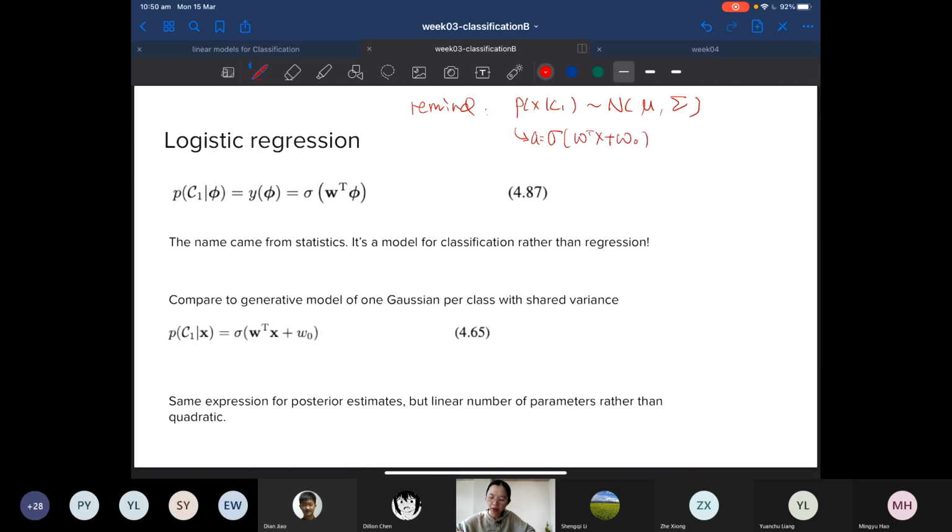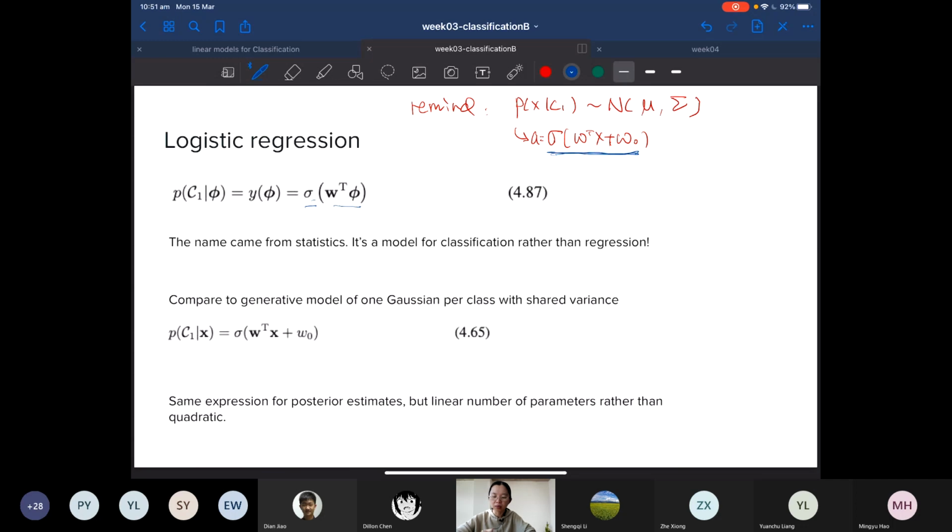So why don't we just use that conclusion and say, hey, that's a simple enough discriminant function, so let's just learn that. We just say now the class posterior is a linear function of the input basis vector transformed by a sigmoid.